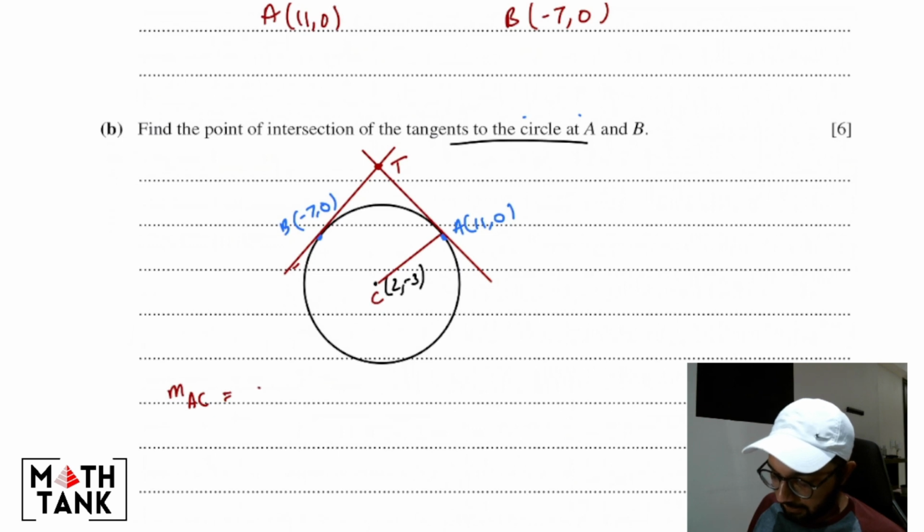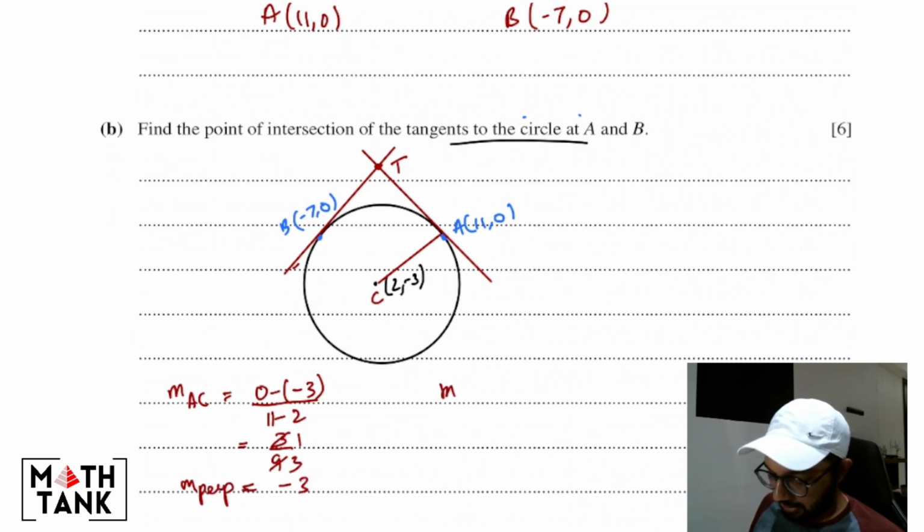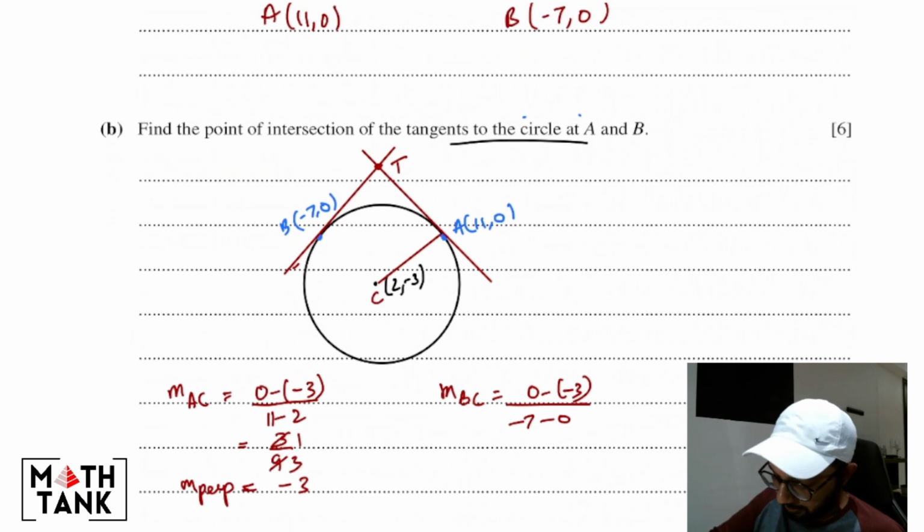Gradient of AC is (0 minus 3) over (11 minus 2). That gives me 3 over 9, and that becomes 1 over 3. So I'm going to use the idea of a perpendicular, minus 3. The gradient of BC would be (0 minus 3) over (minus 7 minus 2). That gives me 3 over minus 9.